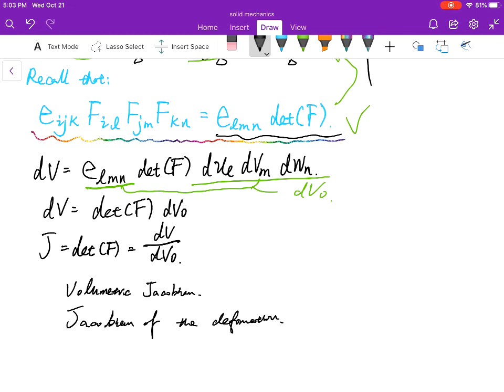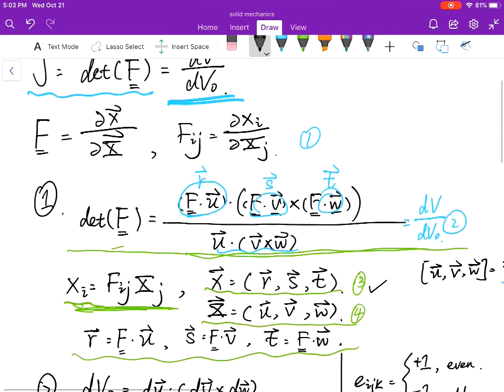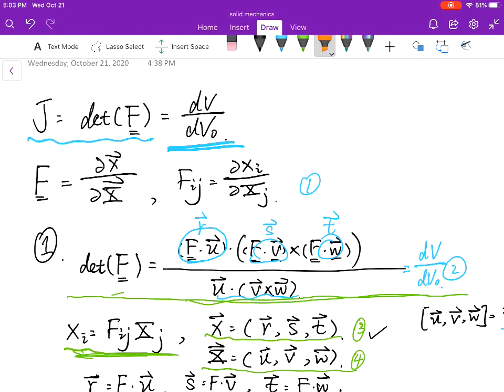Right, and that's it. In summary, first we recalled the definition of the deformation gradient in tensor form and component form. In order to show that the determinant of the deformation gradient tensor, also called the Jacobian, equals the volume change dv over dv naught of an infinitesimal element, we have two ways.